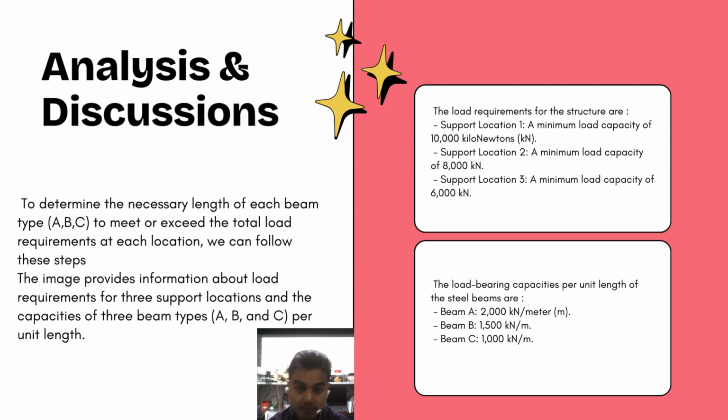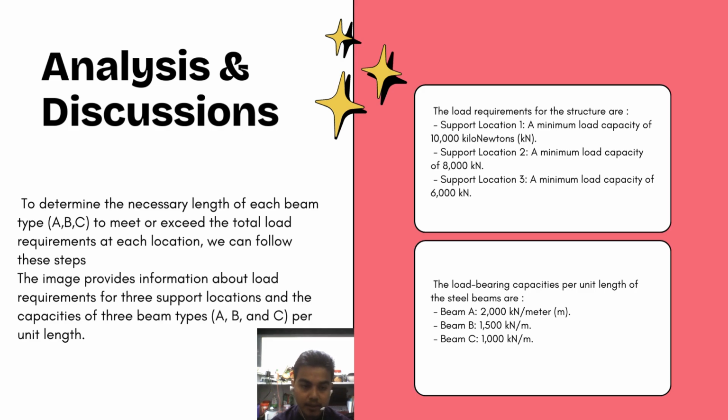The first one is the load requirements for the structure. Support location 1, a minimum load capacity of 10,000 kilonewton. Support location 2, a minimum load capacity of 8,000 kilonewton. And for location 3, a minimum load capacity of 6,000 kilonewton.